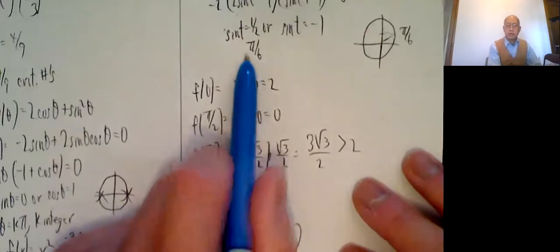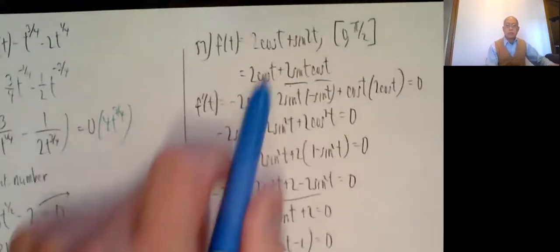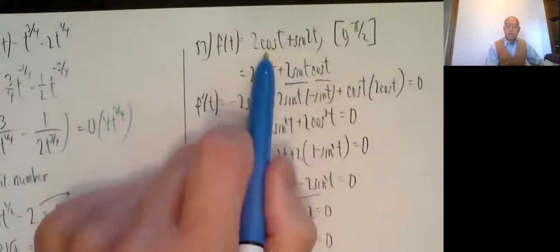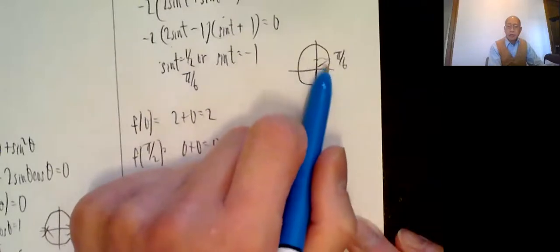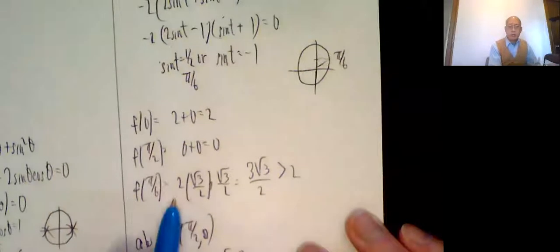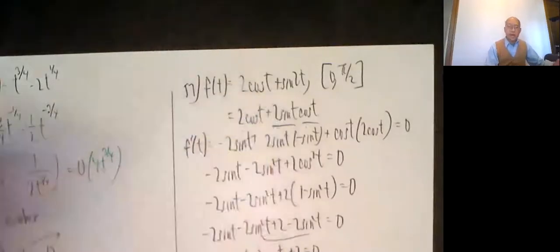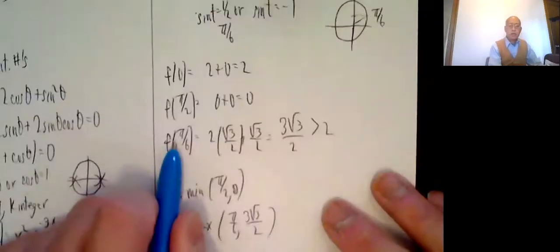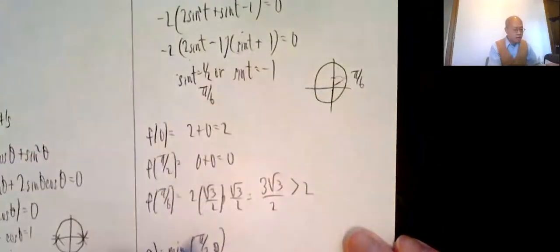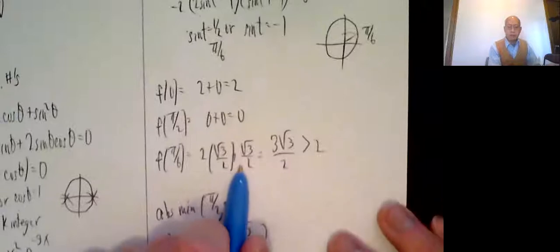And then at my critical number, which is pi over 6, plug in pi over 6. Cosine of pi over 6, x coordinate, it's not a half, so it's radical 3 over 2, plus sine of twice the angle, so 2 times pi over 6 is pi over 3. Sine of pi over 3 is radical 3 over 2.